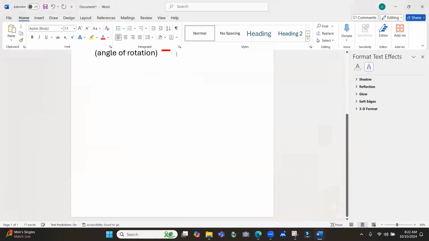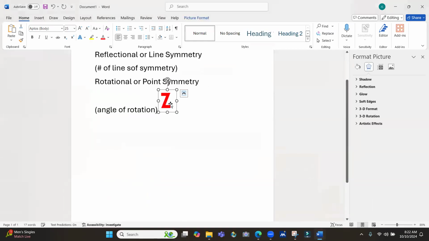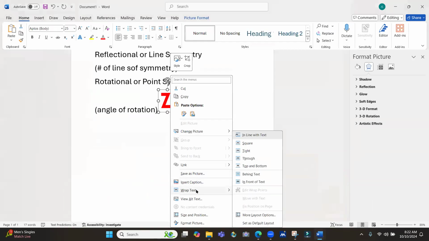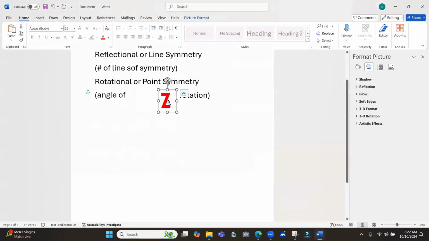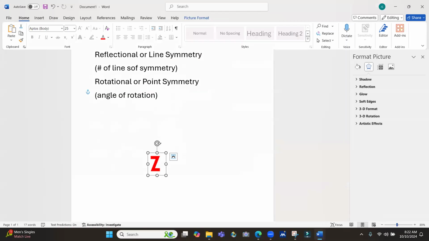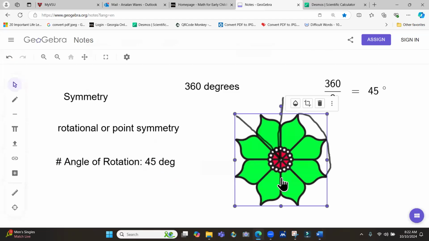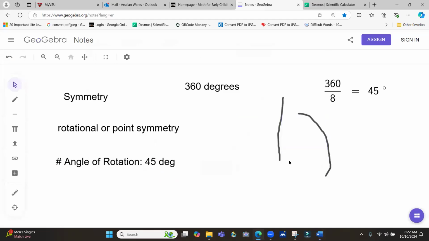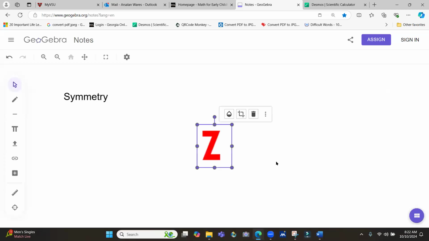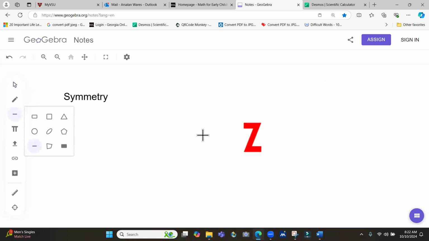So, guys, take Z, the same letter Z, and now if you draw a line like so, you actually cannot draw a line because they're not mirror image. You won't be able to fold them and make the top and bottom reflect look exactly the same like their mirror image.